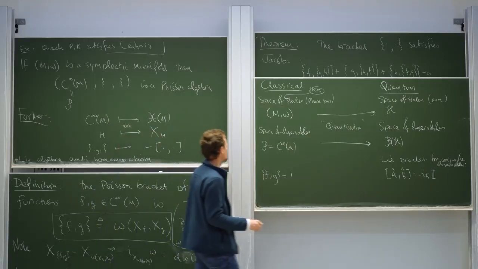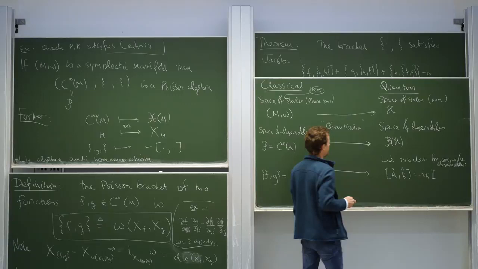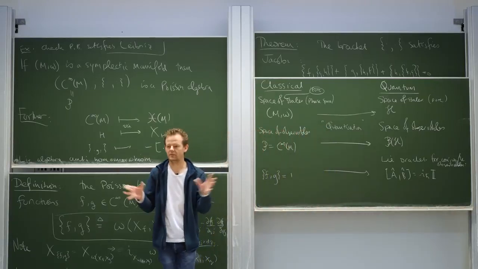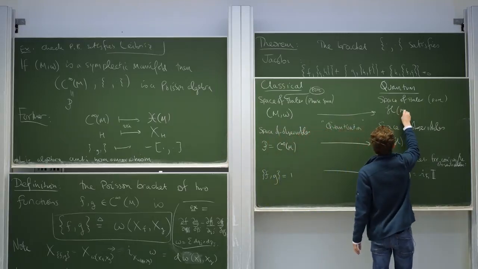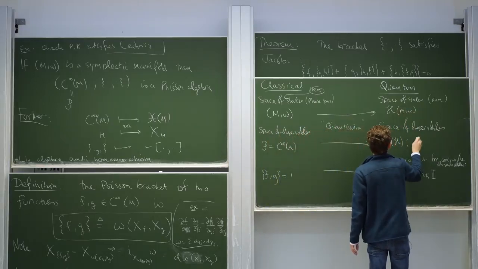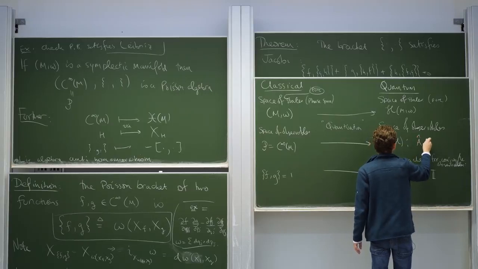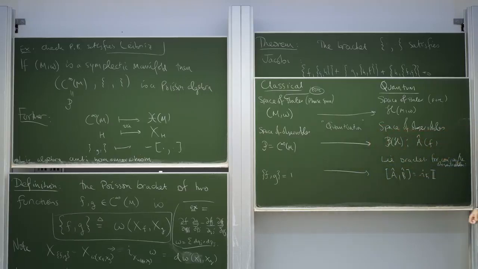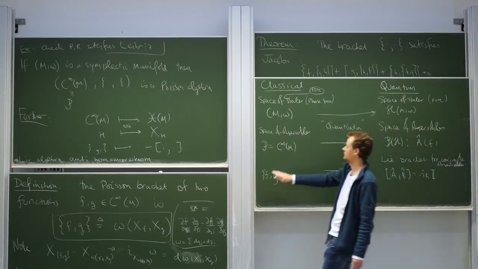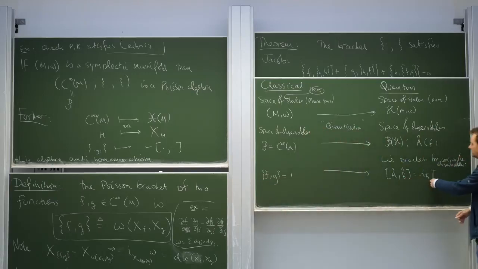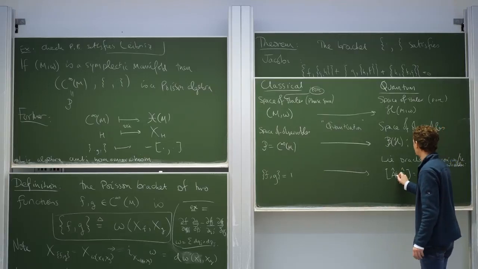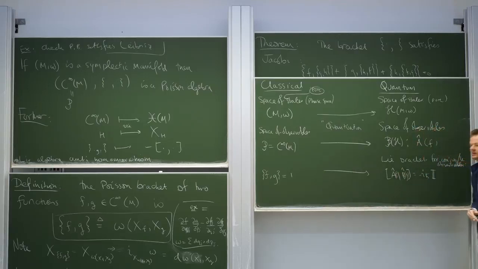So you want that this magical quantization map associates in a natural way an H which depends on M and omega, a B of H where each observable A is associated in some way to a function on your original phase space, and such that when you have conjugate observables, they get mapped to observables on the quantum side which obey the standard commutation relations like that.